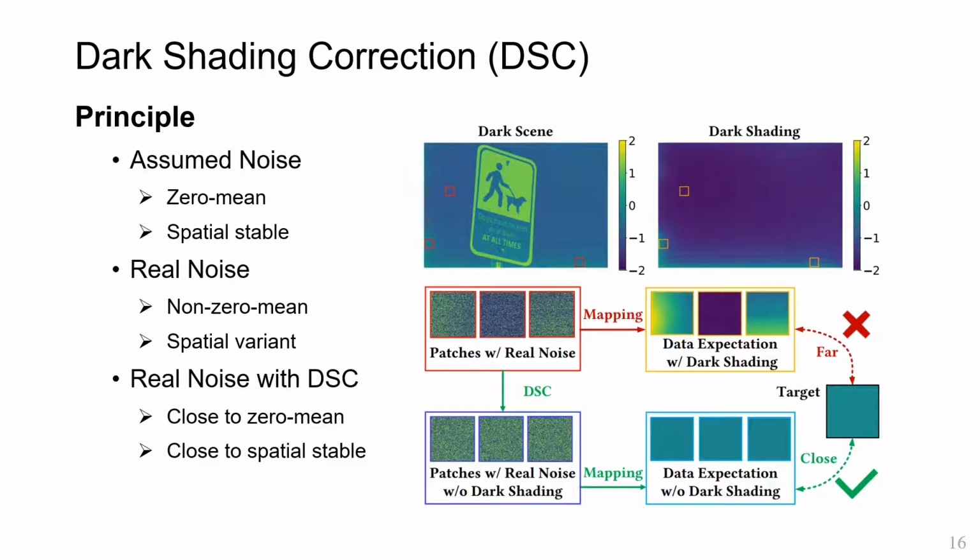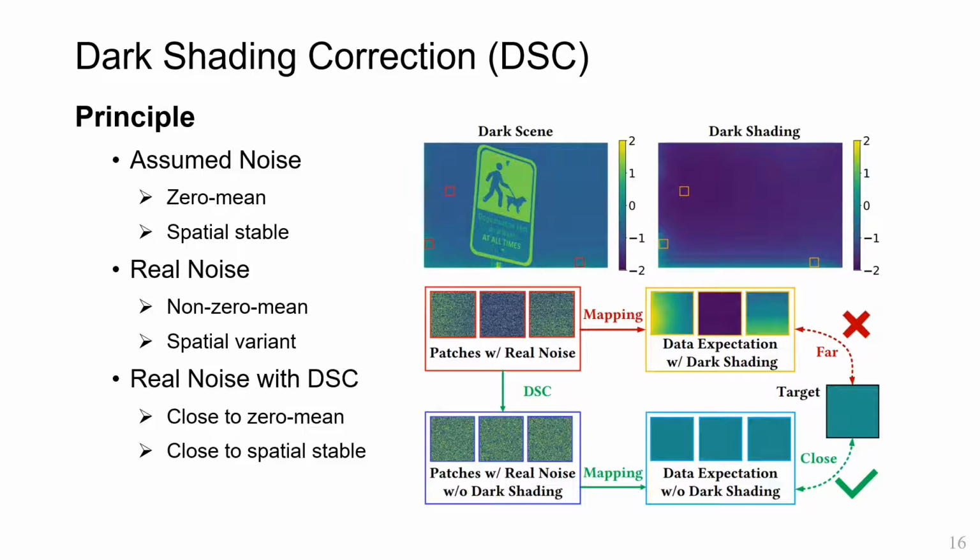For the data containing zero-mean noise in the simple noise model, the mapping target is the expectation of the data. However, when such a mapping is applied to the real noise, the mapping target contains the corresponding dark shading. If we directly force the mapping target to be a clean target, it will be equal to taking the right path, where the mapping problem will arise.